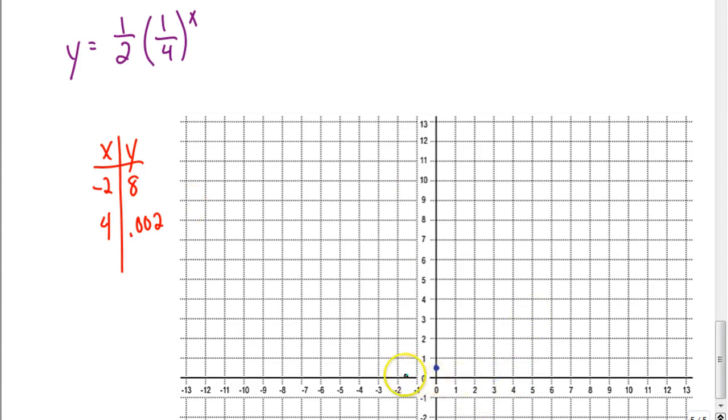So when you go to graph these, -2, +8 is going to be up here. 4 and 0.002, like I said, would be hardly off the x-axis there. So now you can see your graph would look something like this. There you go. That would be your answer.